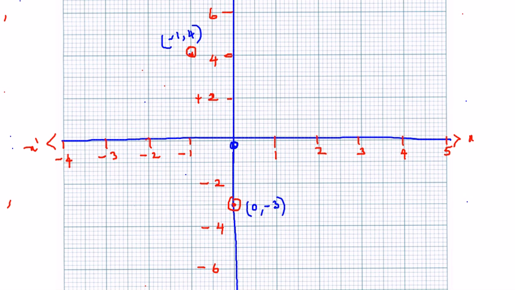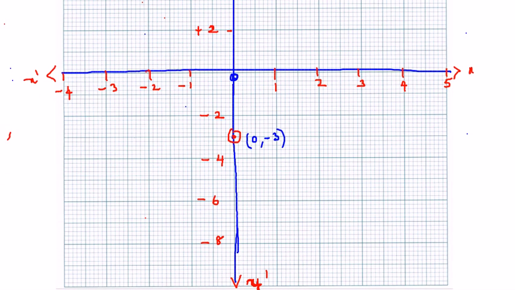I hope you're doing the sum along with me. So mark the coordinate here. And then I have 2, minus 5. So x is 2 and y is minus 5, between minus 4 and minus 6 here. So I mark it as 2, minus 5.